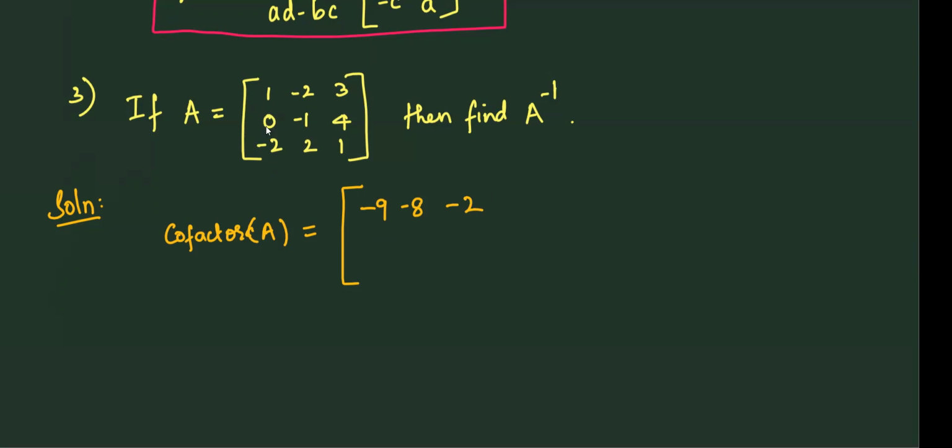Then cofactor of 0: remove the first column, second row. Then you are left with minus 2, 3, 2, 1. Minus 2 into 1 is minus 2, minus 2 into 3 is minus 6. So minus 8. Associated with a minus sign, you get plus 8.